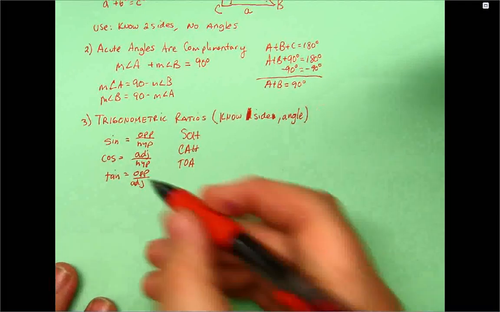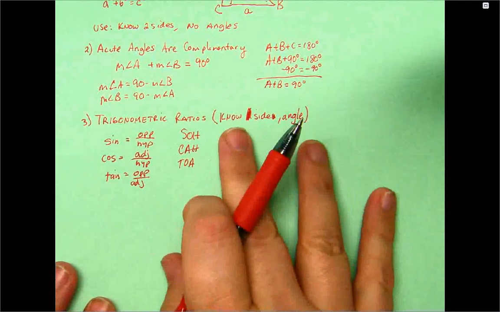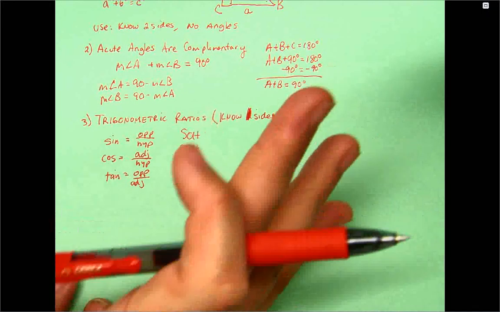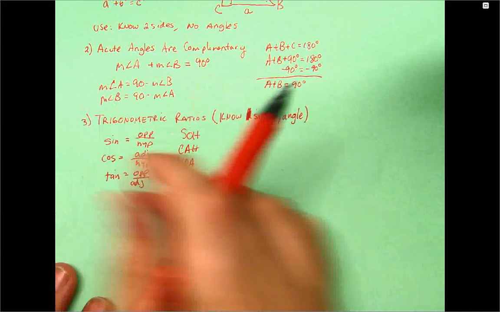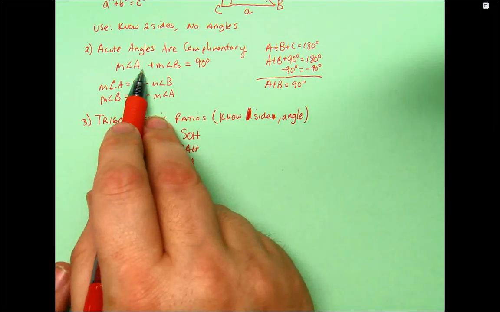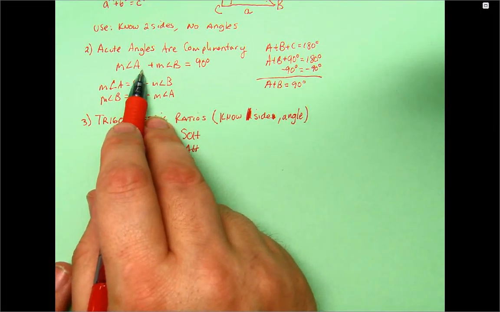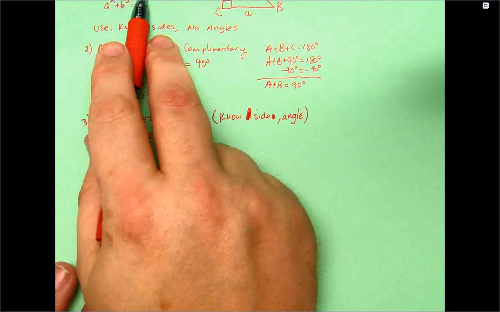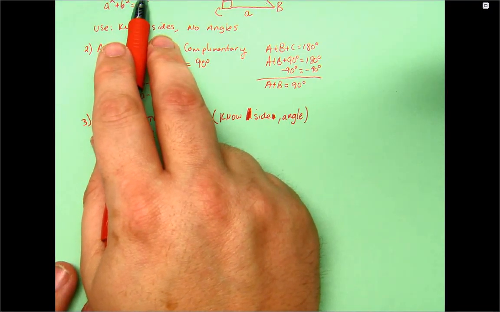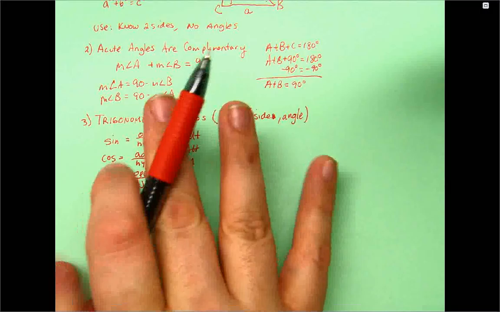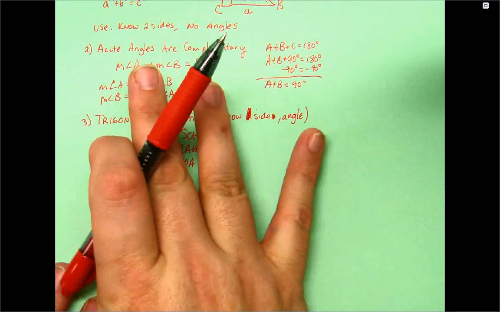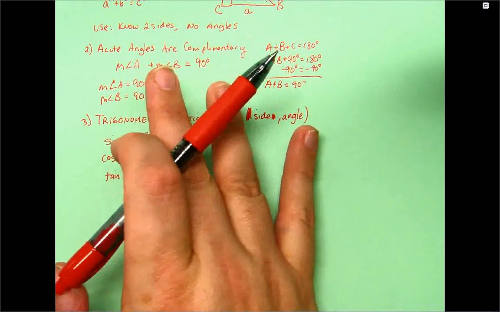And then once you know one side and one angle, you can go back and fit in the other parts. Once you know one angle, then you can use this idea to figure out the other angle. And then once you know two sides, you can use the Pythagorean theorem to figure out the third side. So a lot of stuff falls back into the Pythagorean theorem and this idea of 90 minus whatever acute angle you have being the other acute angle.